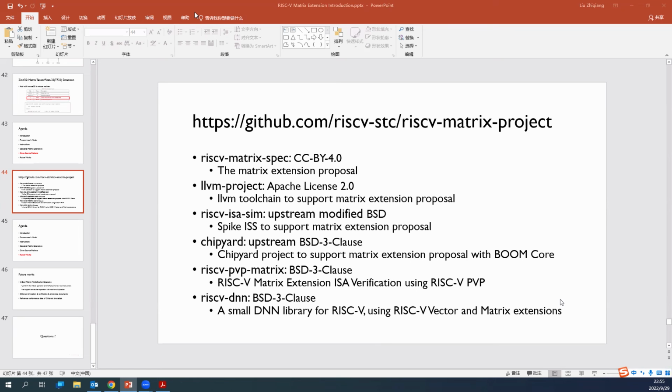But Leo, one question. I have the impression that you published a paper last year, I think, describing some proposals for matrix multiply, and in this paper, you were actually reusing the vector registers and just adding some extra configuration for defining the shape of what was stored in there.